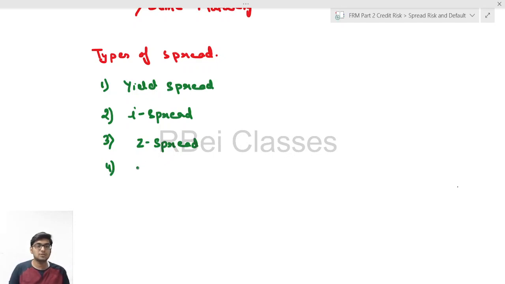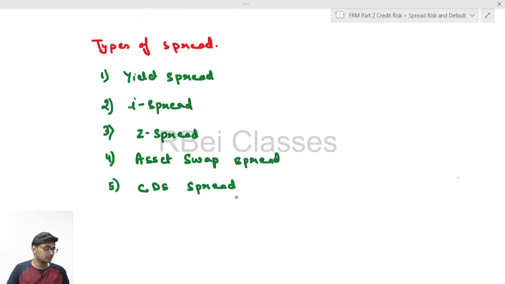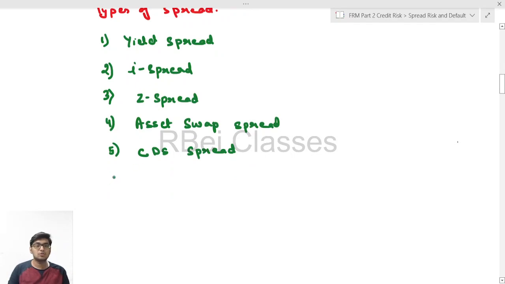Asset swap spread. Then CDS spread. Then OAS, option adjusted spread. Then discount margin.